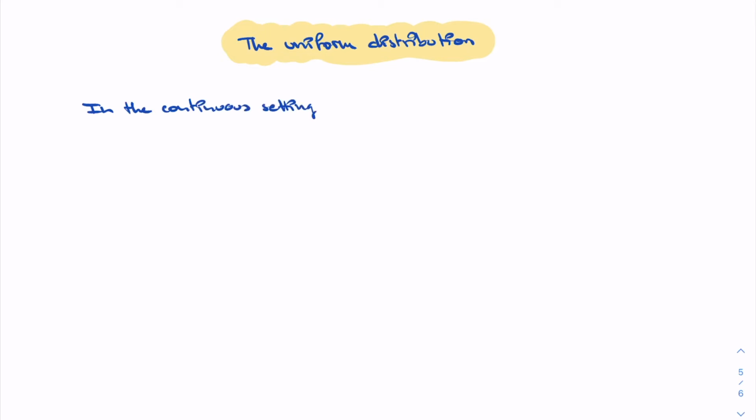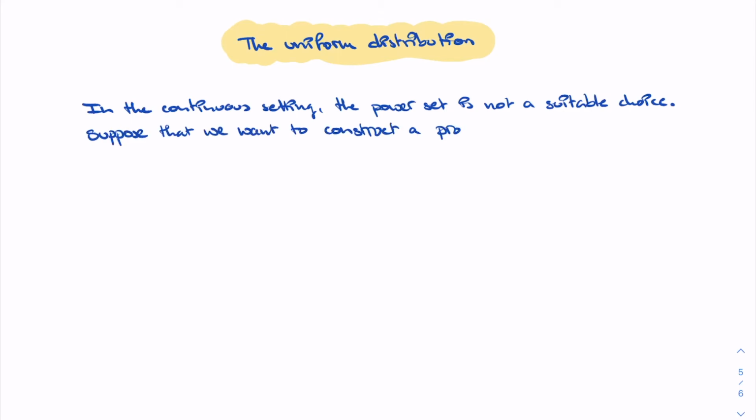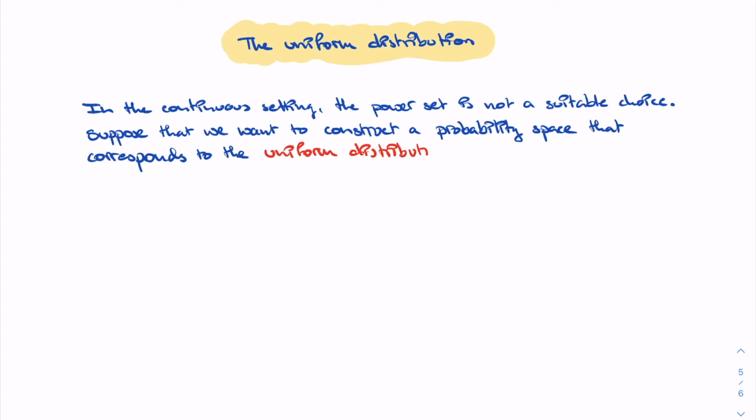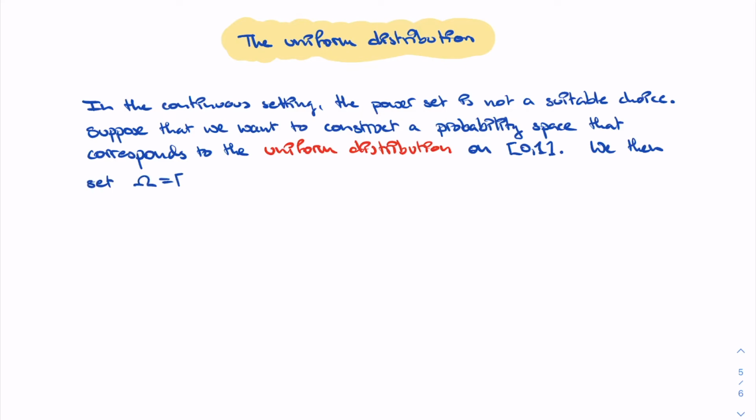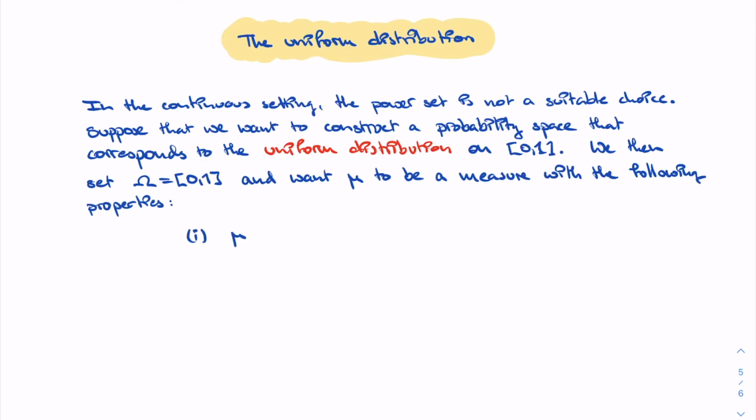In the continuous setting, the power set is no longer a suitable sigma-algebra. Suppose that we want to construct a probability space that corresponds to the uniform distribution on the interval 0, 1. We then set omega to be that interval and want mu to be a measure with the following properties. First, we want the probability that mu assigns to an interval to be the length of that interval.